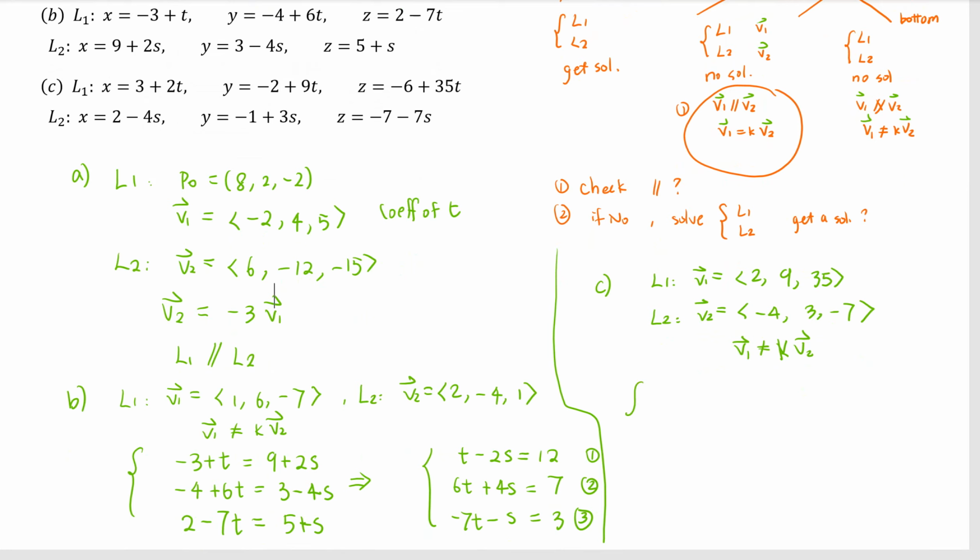So let's solve the system. We said that x: 3 plus 2t equals 2 minus 4s. For y: negative 2 plus 9t equals negative 1 plus 3s. For z: minus 6 plus 35t equals minus 7 minus 7s.